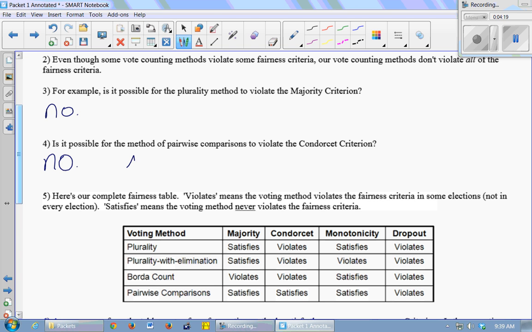So for example, AB, AC, AD, BC, BD, CD. If we pick a candidate to be the Condorcet candidate, to win all their head-to-head matchups, maybe B will be the Condorcet candidate. So B wins all their matchups.